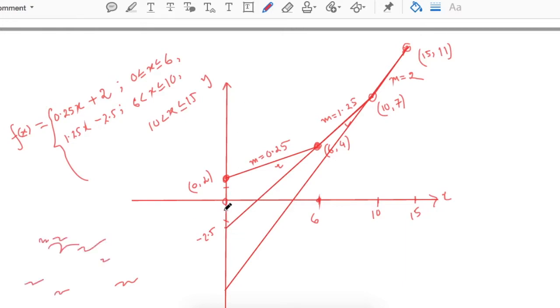The value of y will be 1, 2, 3, 4, 5, 6, 7, 8, negative 8. And the slope of this line is 2, so the equation will be 2x minus 8. So this is the piecewise linear function corresponding to this graph.